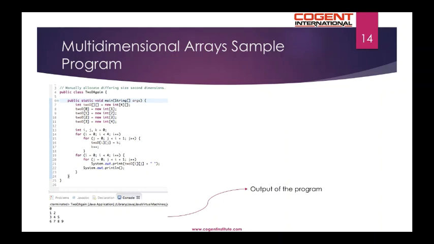Here, the first row will contain 1 column, the second row will contain 2 columns, the third row will contain 3 columns, and the fourth row is containing 4 columns. So the sizes of the second dimension are specified later on. As we see in the output, we see 0, that's the only row and column, and the second row has 2 elements, third row has 3 elements, fourth row has 4 elements.